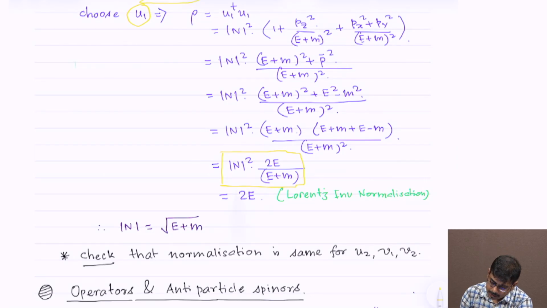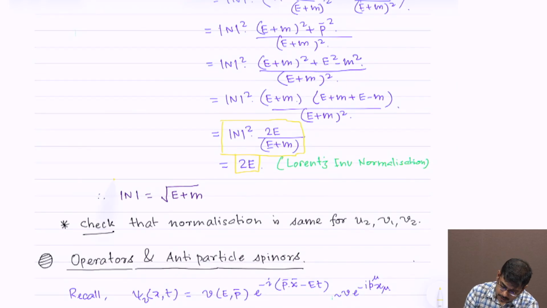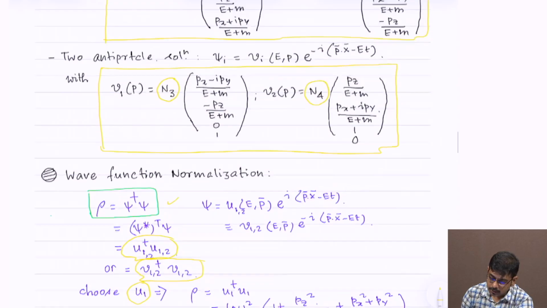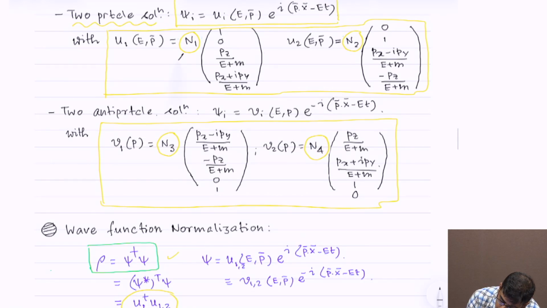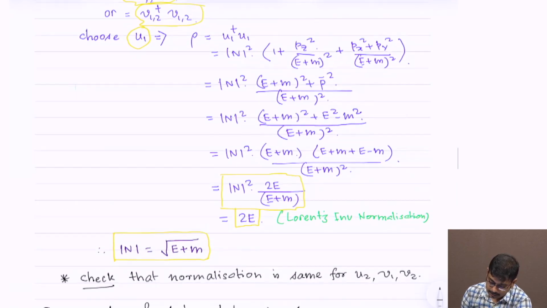So, if this has to be equal to 2E, then this normalization is square root of E plus m, and that is the case for all the other cases also. So, each of these N1, N2, N3, N4 is nothing but square root of E plus m. I am not writing for the others, but you check that the normalization is the same for all of them.